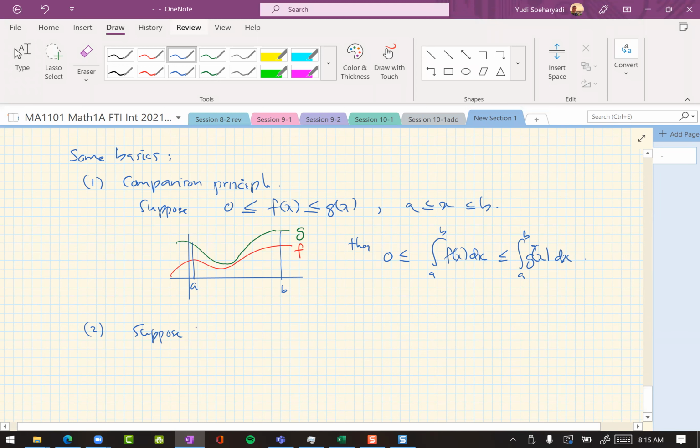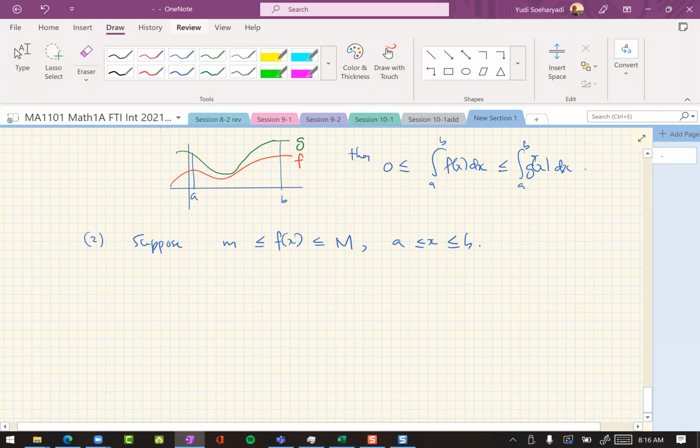All right, so suppose you have something like this: f of x is between little m and big M, constants. So little m is the lower bound, big M is the upper bound.